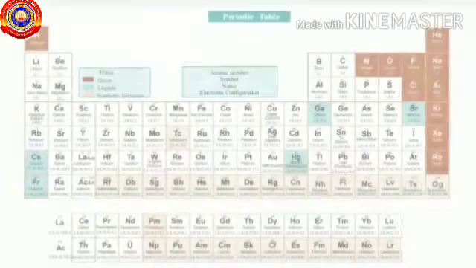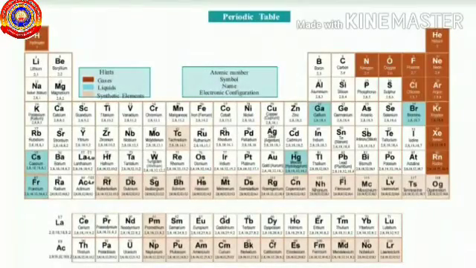Let's start. Here I am showing you the picture of a periodic table. So much information can be understood regarding an element based on the periodic table, am I right? Can you tell me what facts you can gather from the periodic table about an element?